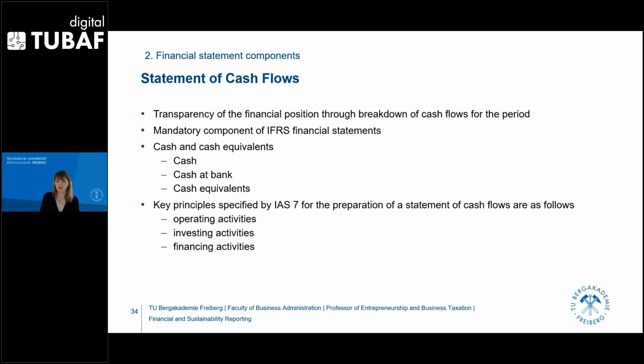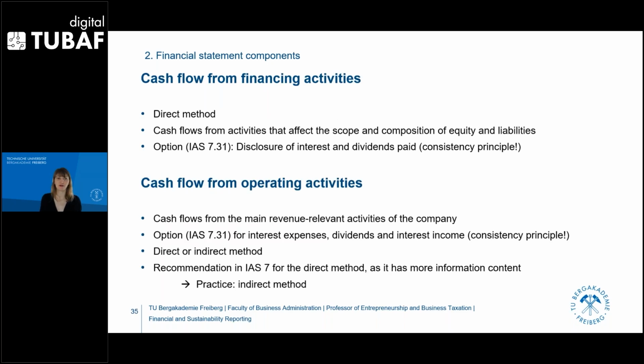We have to prepare the statement for 3 different categories: operating activities, investing activities, and financing activities. We have to make a statement of cash flows for these 3 different categories and calculate them separately from each other. And we have 2 different methods to calculate it. We have a direct method and an indirect method.